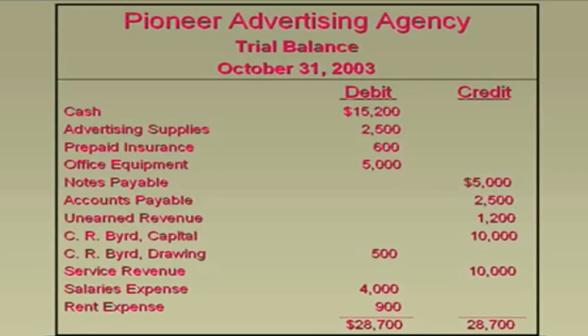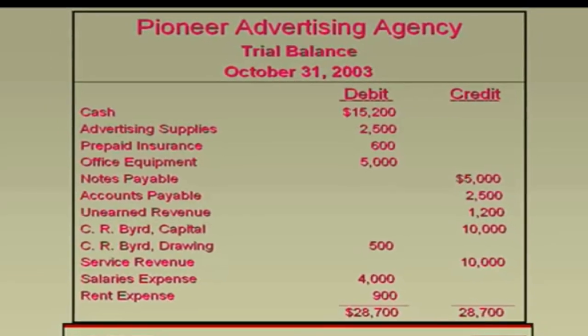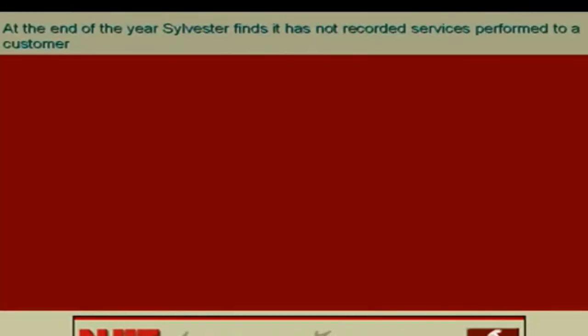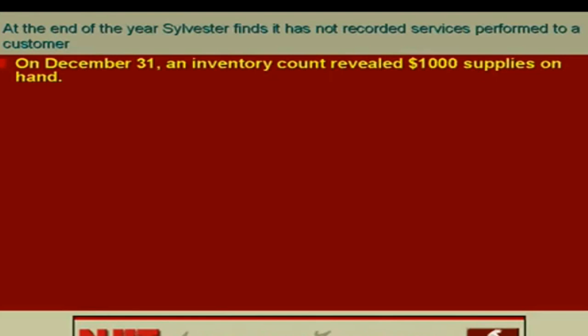After October 31st, the accountant of Pioneer Advertising Agency realized that information was omitted, so he or she has to make adjusting entries. Let me give you them individually. They find that they have not recorded services performed to a customer.